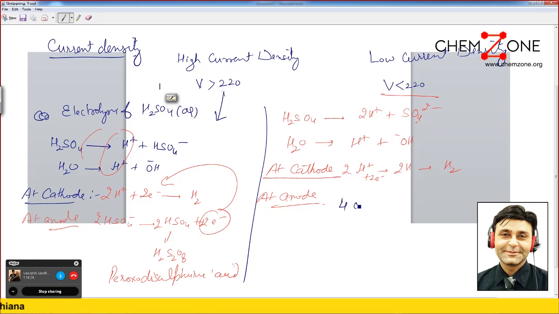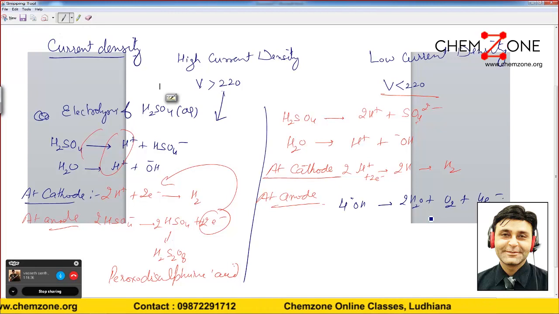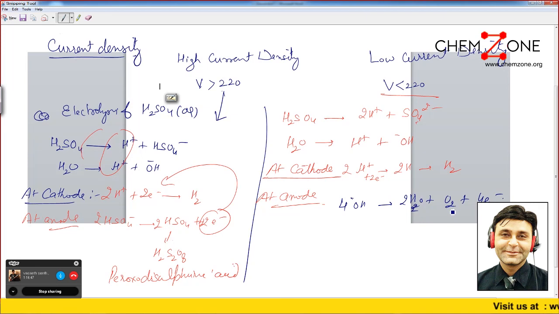So the OH ion gets discharged to give water, oxygen and 4 electrons. So 4OH becomes 2 water plus O2 plus 4 electrons. The OH minus is getting oxidized, it's losing electrons.